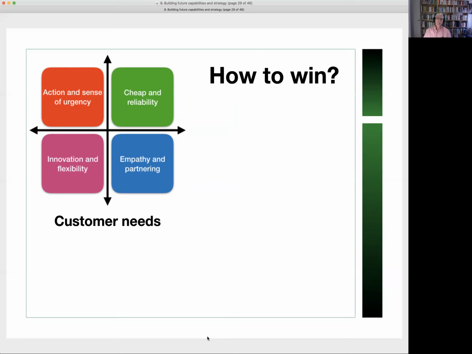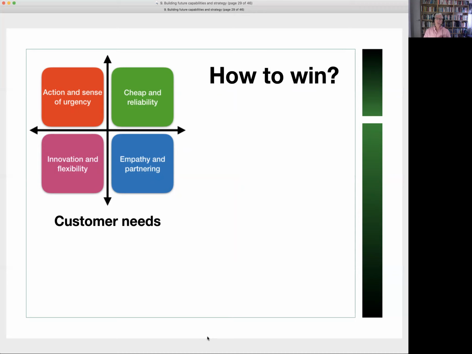And what this did was it allowed us to explore the kinds of needs in very generic terms that customers had in marketplaces. So there were four categories. They wanted action and a sense of urgency, as they wanted you to respond very quickly. They wanted things that were cheap and reliable. They wanted you to show them empathy and strategic partnering, and they wanted innovation and flexibility.